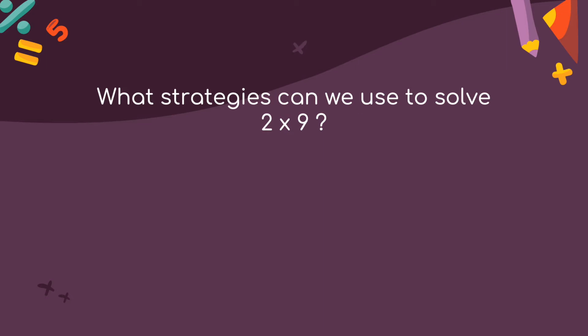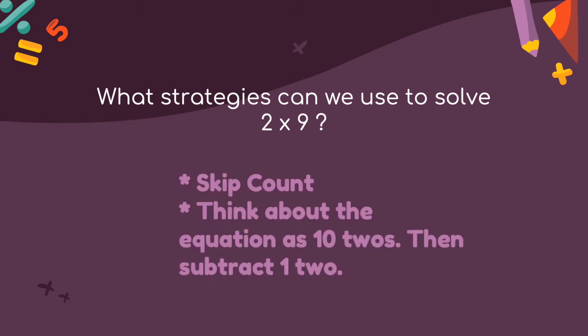What are some other strategies we have been working on? Okay, yeah, we can skip count, or we can think about the equation as 10 2s, and then we subtract 1 2. Good. We learned about those just the other day.